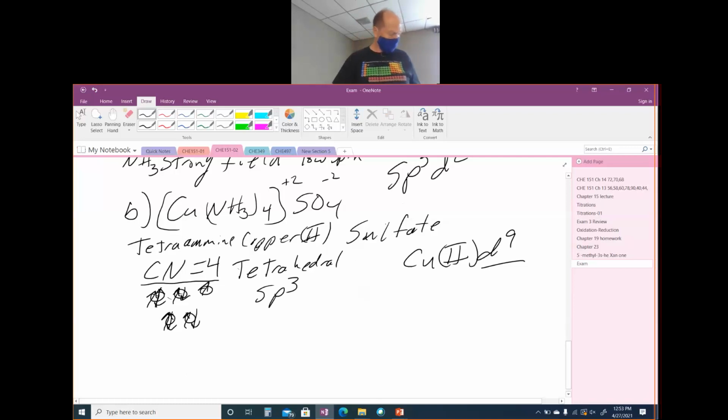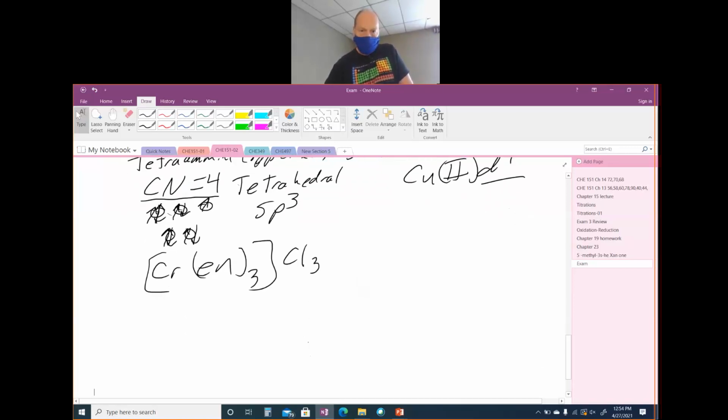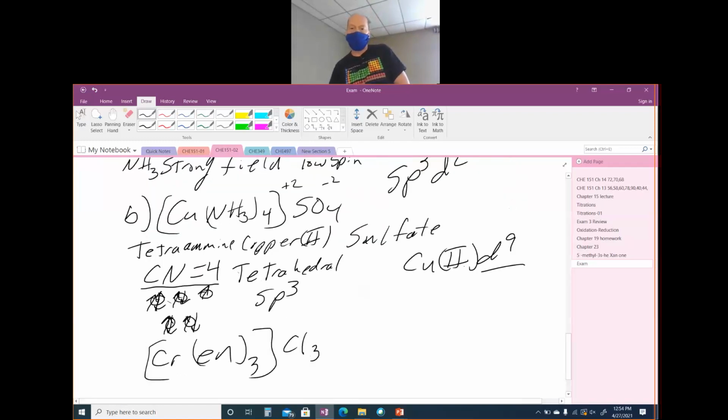Part C is Cr. This one is interesting. Cr en sub 3 Cl3. All right, so this one, then we can do our total electron count. So our total electron count is our D9 plus our 8 for the 4 coordinated NH3s.